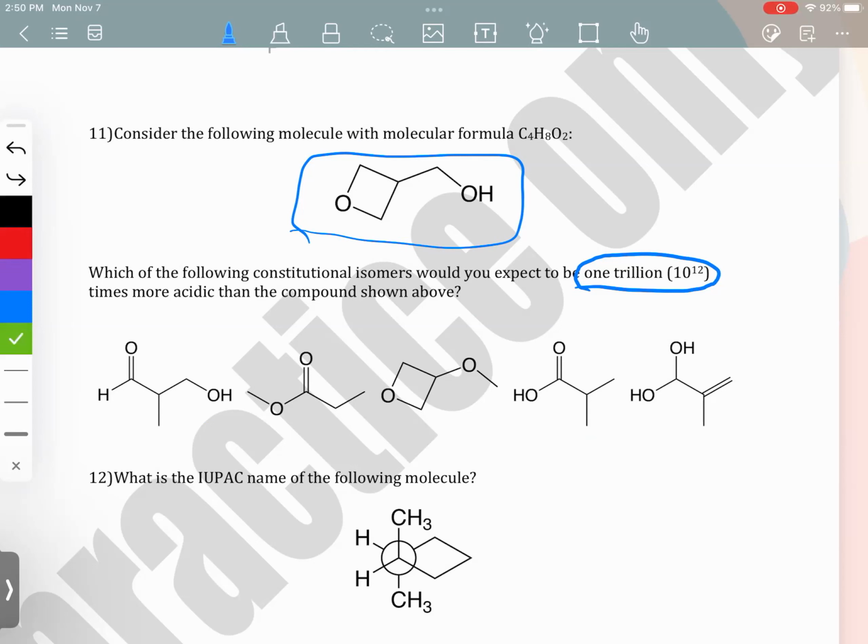So we have these 1, 2, 3, 4, 5 compounds. Let's draw the conjugate base for each of them. So we're going to give away a proton. In 1, let's give away this proton. So the base will look like this.